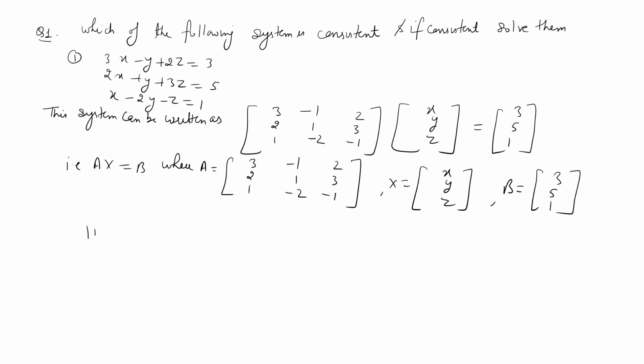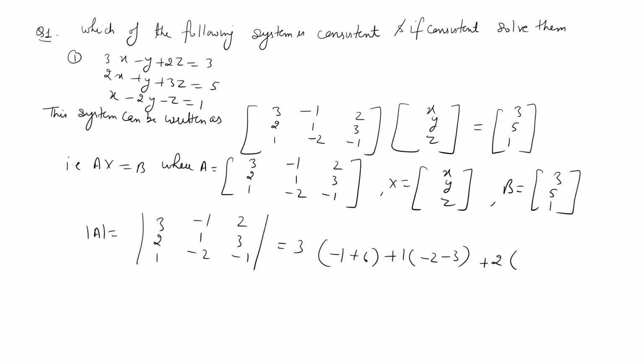So first of all I need to check the behavior of our determinant. Let us check the determinant. It is 3 into (minus 1 plus 6), minus (minus 1) into (minus 2 minus 3), plus 2 into (minus 4 minus 1). So it is 15, and it is minus 5, and it is minus 10.